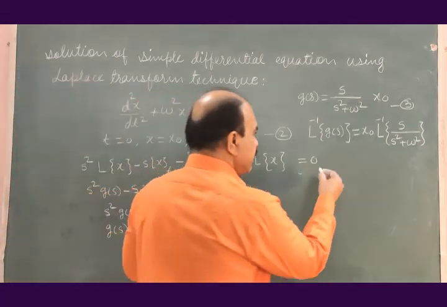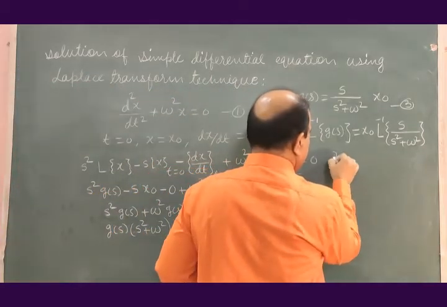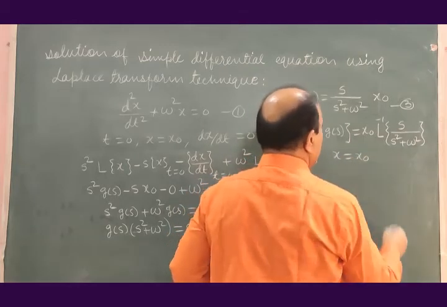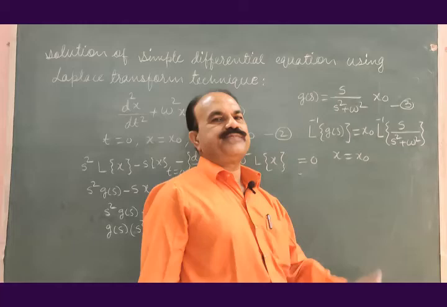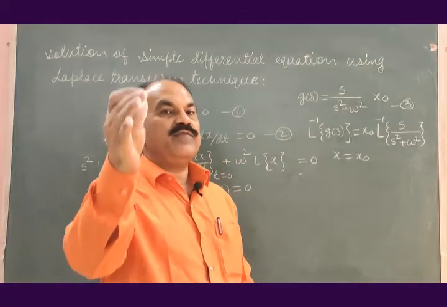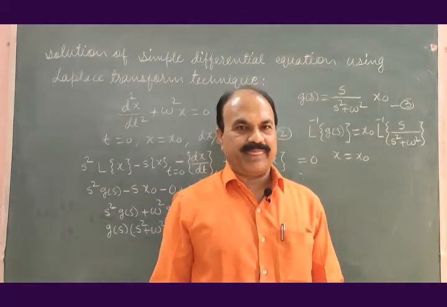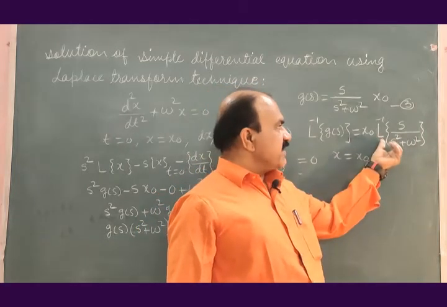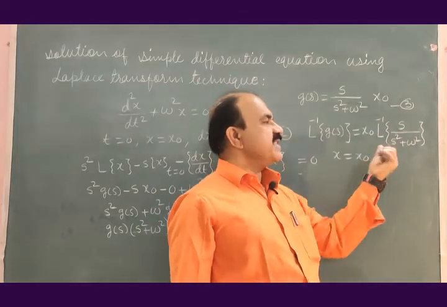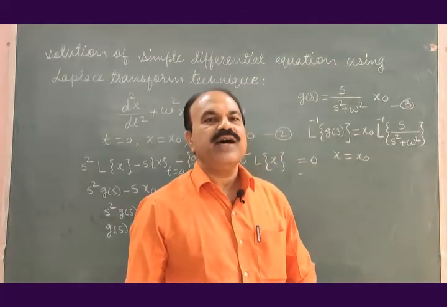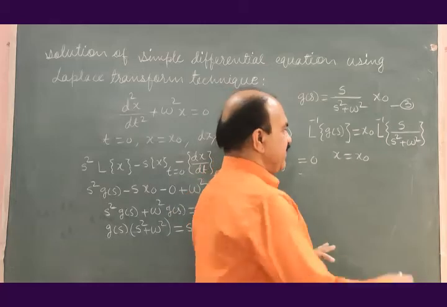It will be simply x is equal to x0 into, see the formulae I have given for inverse Laplace transform, inverse Laplace transform of s divided by s square plus omega square is cos omega t.